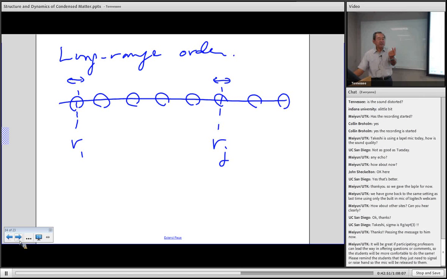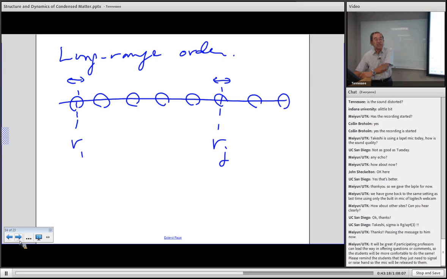Because if you have a crystal and you heat it up, atoms are vibrating, but the sample itself is not vibrating like that, right? The sample length is not changing. So atomistic vibration is happening, but there's no macroscopic vibration. That means you can predict where atoms are on average for long distance.